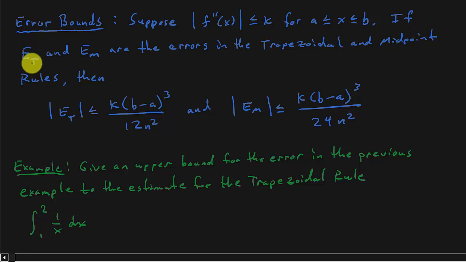If E sub t and E sub m are the errors in the trapezoidal and midpoint rules, then the error in the trapezoidal rule, absolute value, is less than or equal to k times (b minus a) cubed over 12n squared. And for the midpoint rule, it's less than or equal to k times (b minus a) cubed over 24 times n squared.